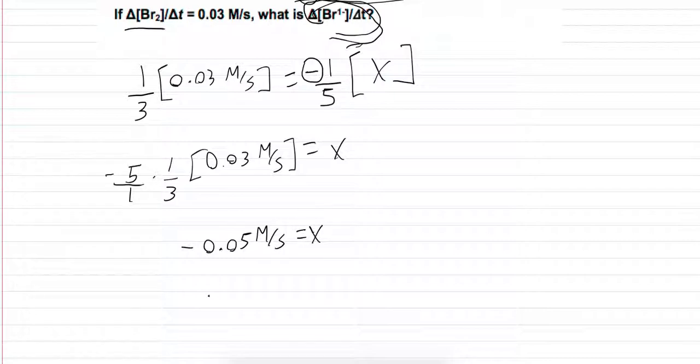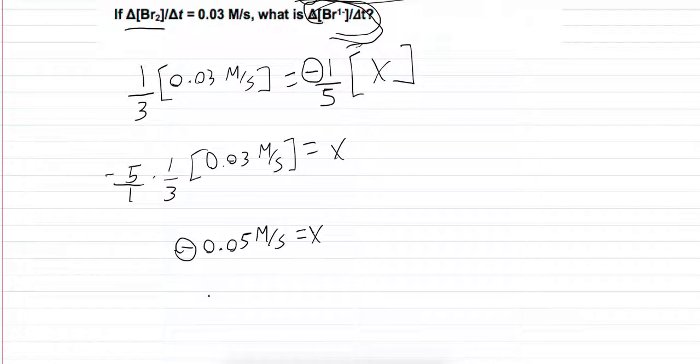And that's our individual reaction rate. And if you look back, this makes sense. We had a reactant, so that's going to be decreasing. And here we have a negative answer, which shows that it decreases.